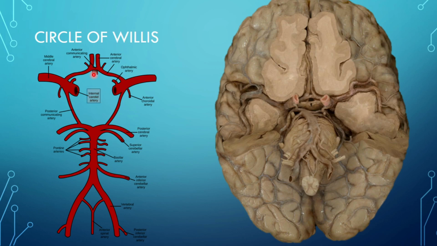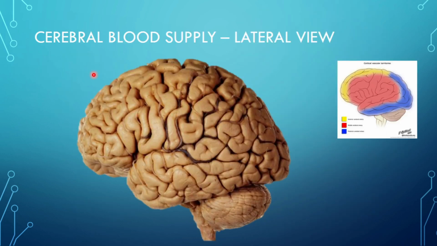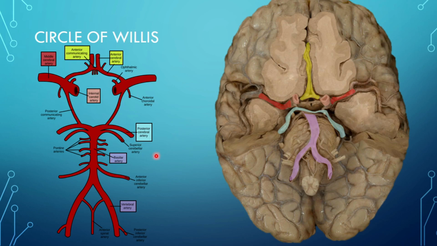So that's the circle of Willis. We have the internal carotid artery, the anterior communicating artery and the anterior cerebral arteries, the middle cerebral artery, which we're going to talk about in a minute, that's essentially the continuation of the internal carotid artery. The vertebral arteries, the basilar artery, and the posterior cerebral arteries and posterior communicating arteries here.